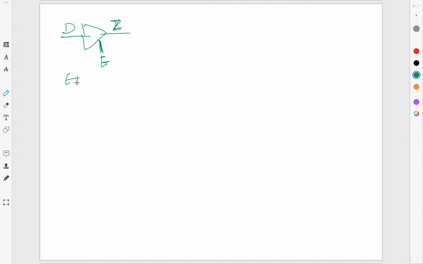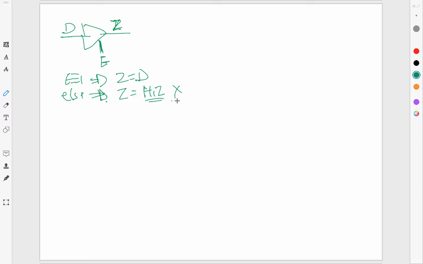If E equal to 1, then Z is D, else Z is equal to high impedance, or X. We use several notations. Okay, so it's floating.